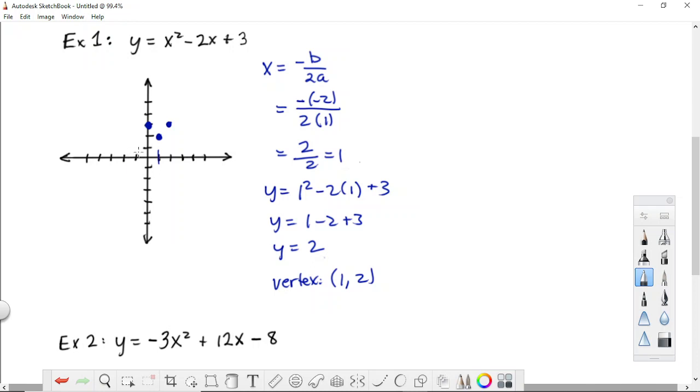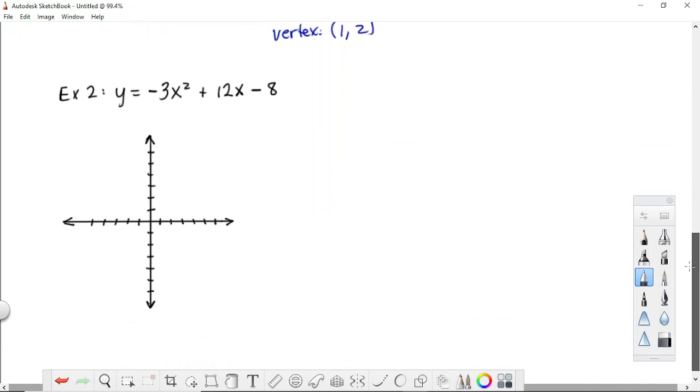Plug in for x. See what you get for those values and plot them, but we're not going to do that today. So we have enough, and we just sketch this the way we think it goes. Remember that it's curving, and just remember the shape of a parabola, so something like that. Okay, so let's go to the next one.